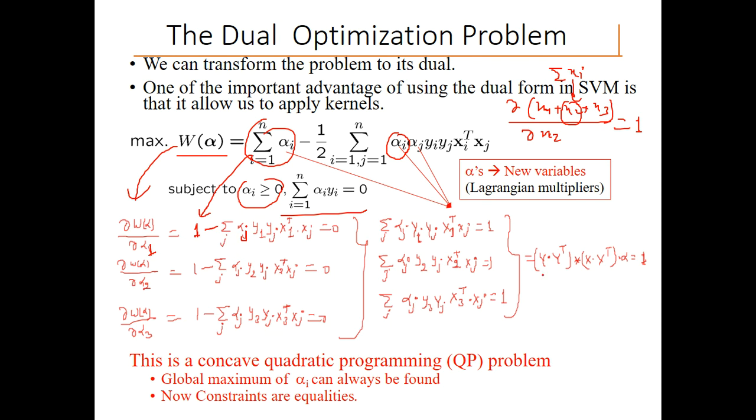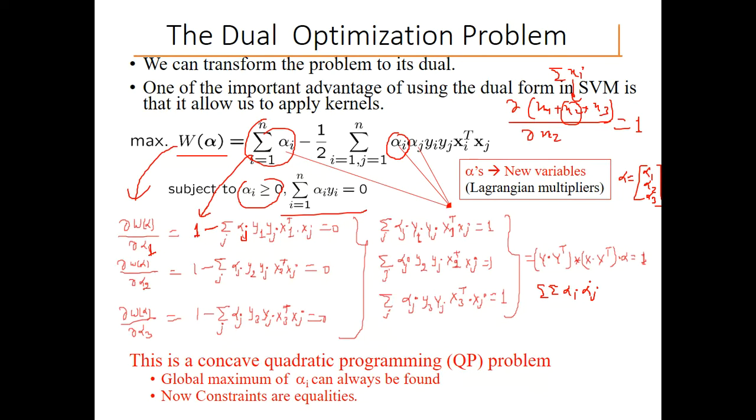Similarly, if you do summation of alpha i alpha j, if you differentiate this with respect to alpha i, what would you get? Let us say we have alpha 1, alpha 2, alpha 3.